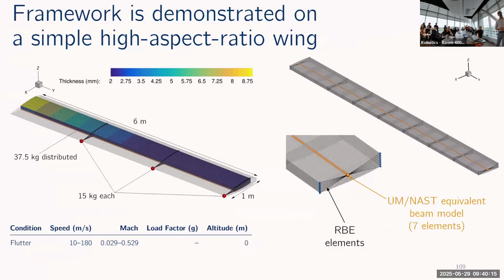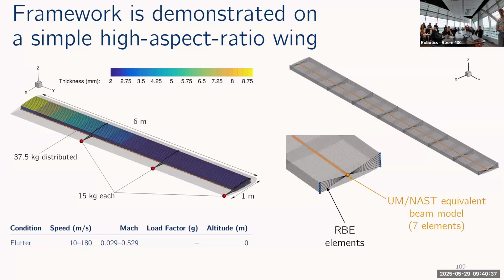All right, so all the results that I'm going to present here are on this pretty simple wing model. It's just an unswept, untapered NACA 0012 wing. I place these concentrated masses along the trailing edge of the wing to make it flutter inside a reasonable range of flight speeds.